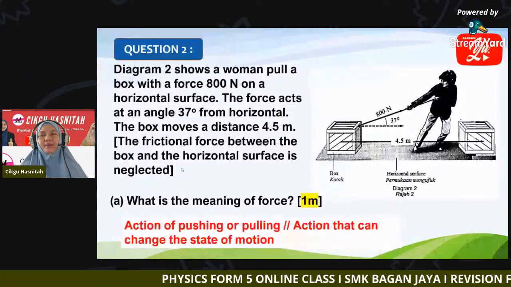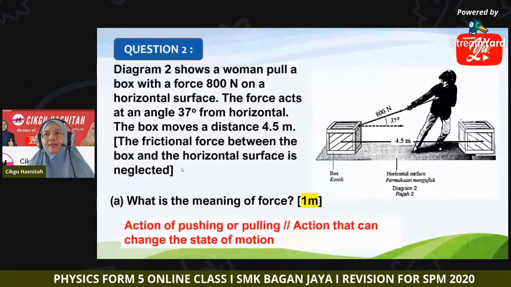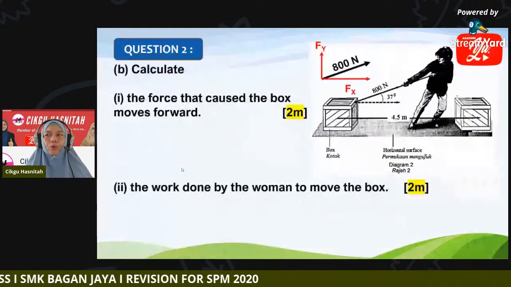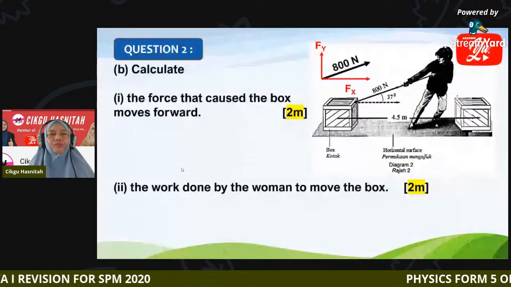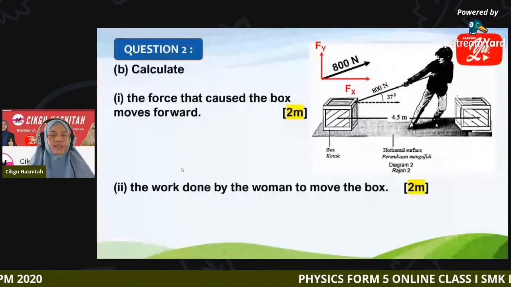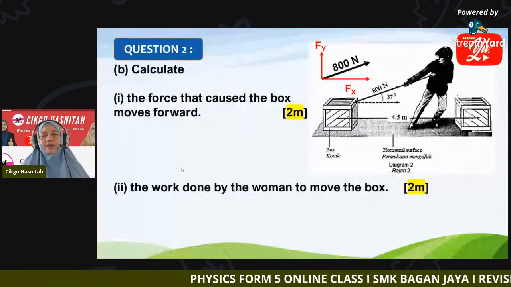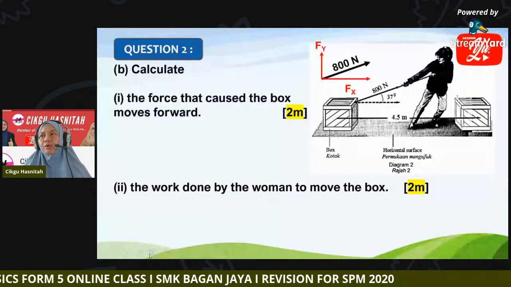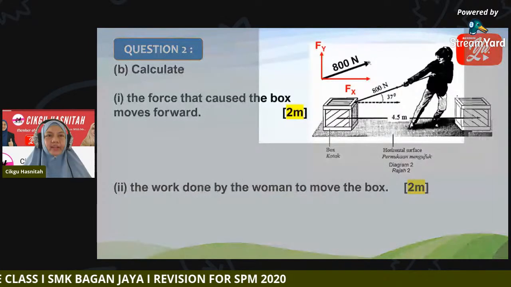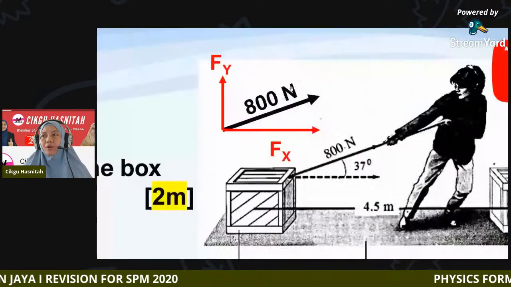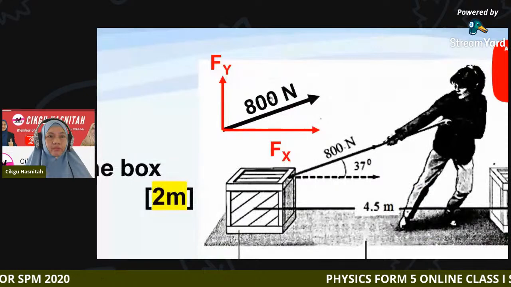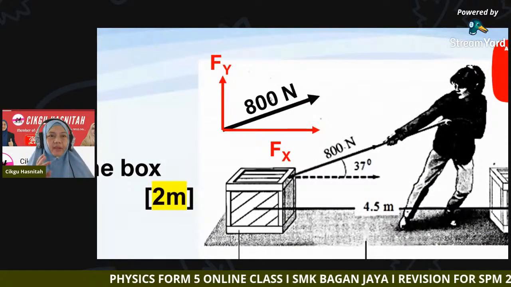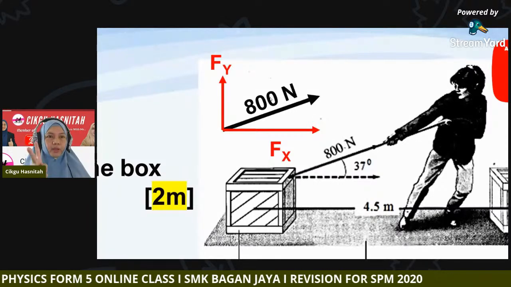Next, calculate the force that caused the box to move forward. So how to find the force that caused the box to move forward? First of all, you must understand that when you are given a force of 800 Newton, this force can be resolved into its components. 800 Newton can be resolved into two components of force.